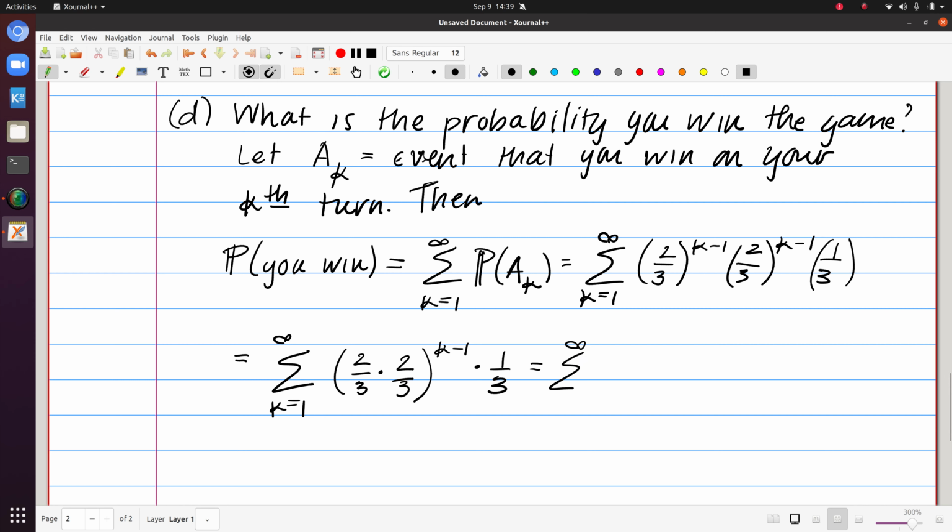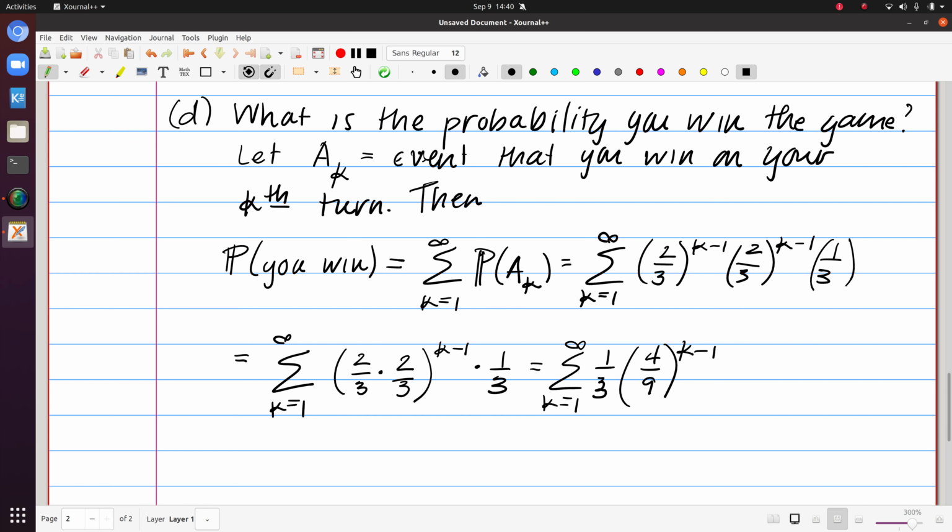So this sum is equivalent to that of 1/3 times (4/9)^(k-1). And like we noted in the previous video, I could separate that as (4/9)^k times 9/4.